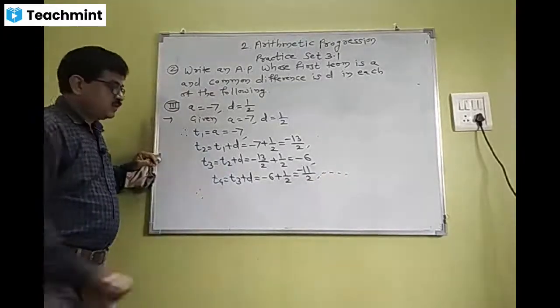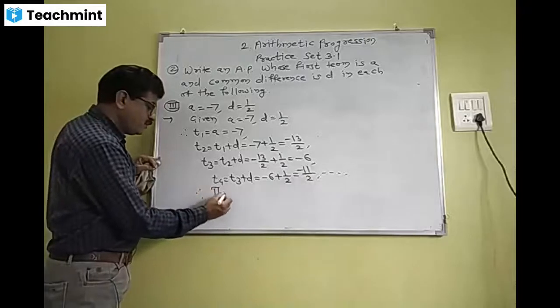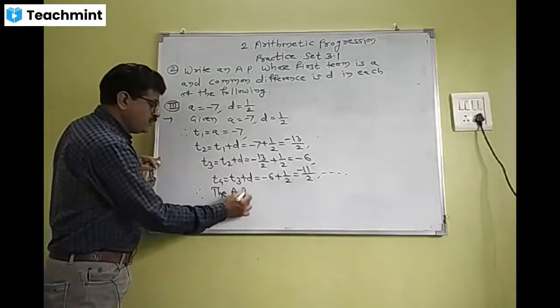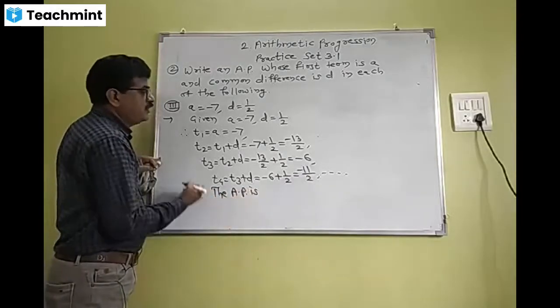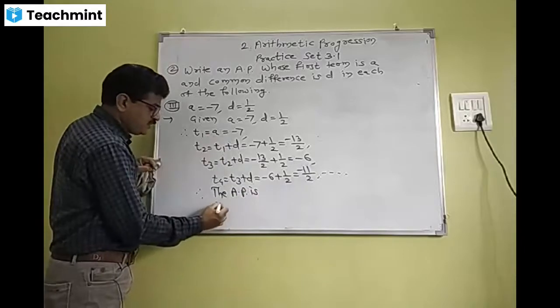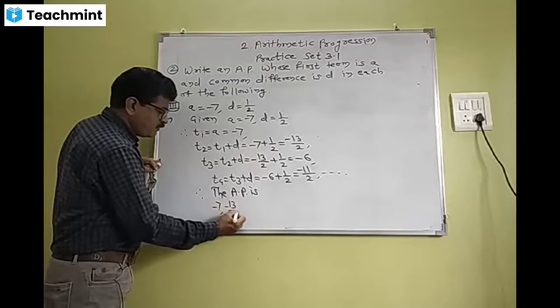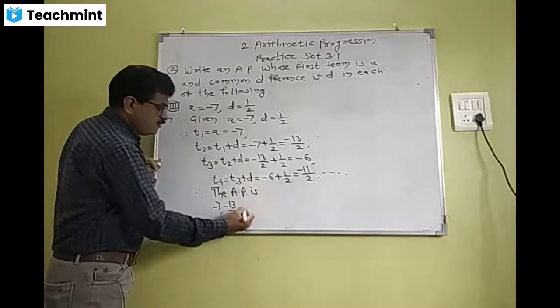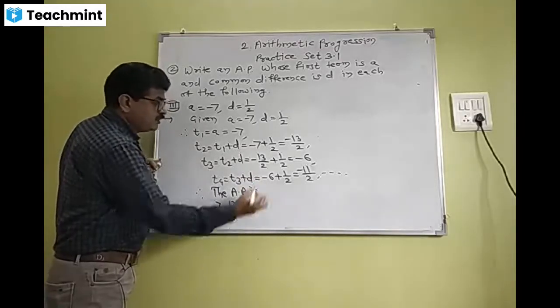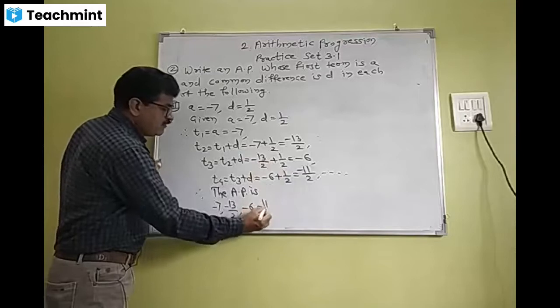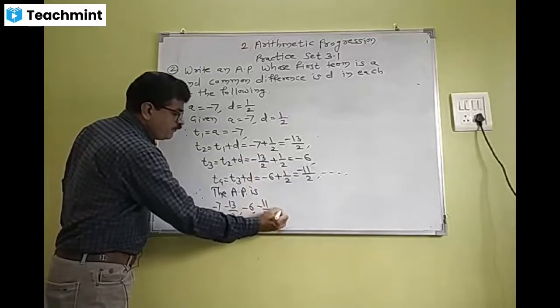Therefore, the AP is first term minus 7, second minus 13 upon 2, third minus 6, minus 11 upon 2 and so on.